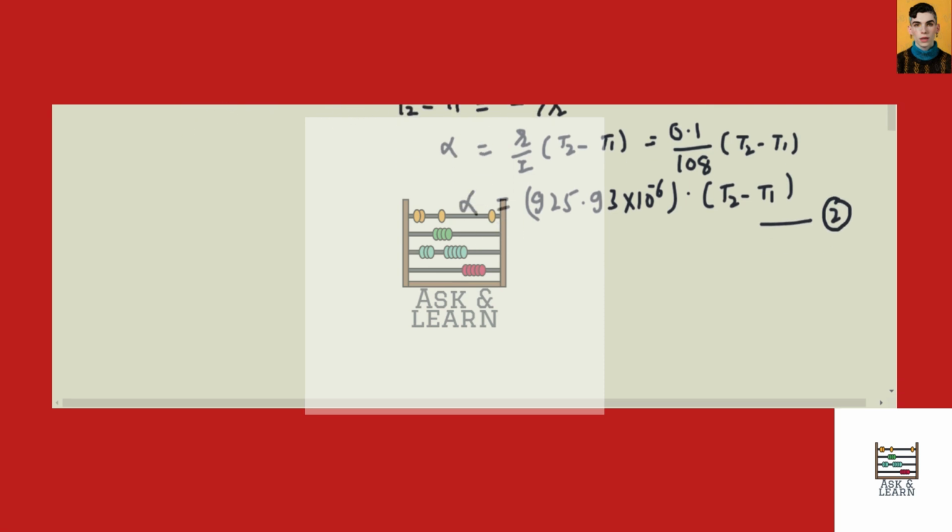We can write the relation between tensions in the belt: T2 upon T1 is exponential of mu k into angle beta, that is T2 is equal to T1 exponential of mu k beta.